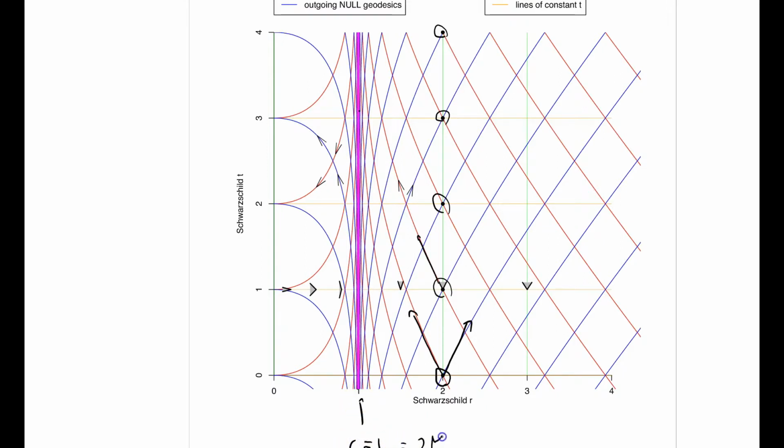I guess you could say it's 2m if you want to use geometrized units, but we can see straight away that you can see graphically at least that these lines never seem to cross the horizon. r equals 1 is called the event horizon, for reasons that will become clear later. And so they get closer and closer, but never actually attain it.